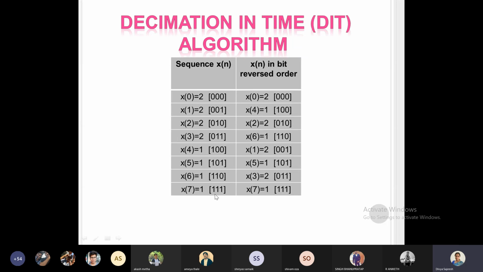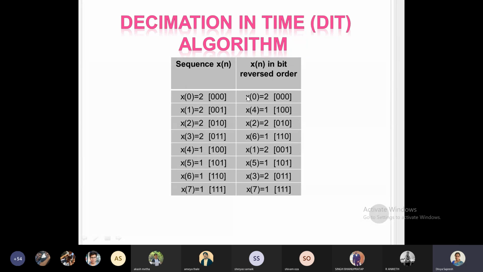Now in the next column I have to write the elements in the bit reversed order. I have to just reverse the position, exchange it. Don't change 0 to 1 or 1 to 0. You have to just reverse it.